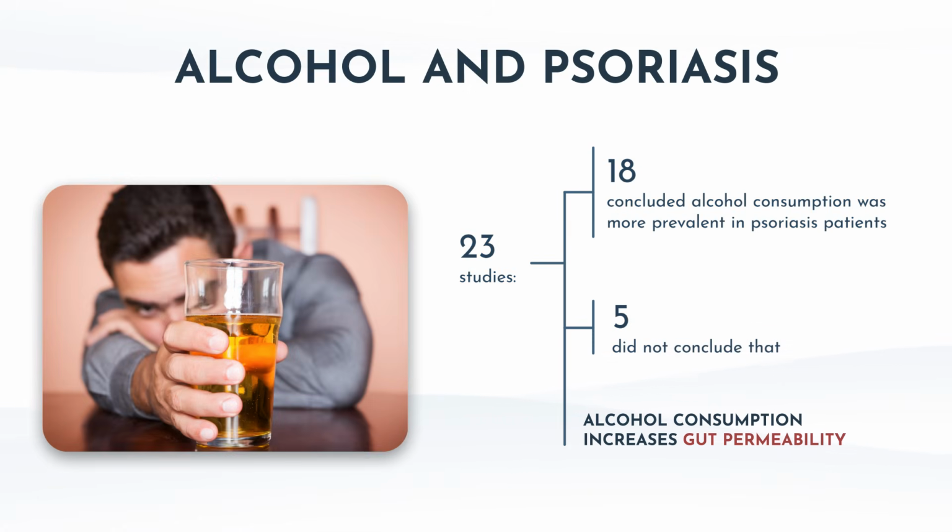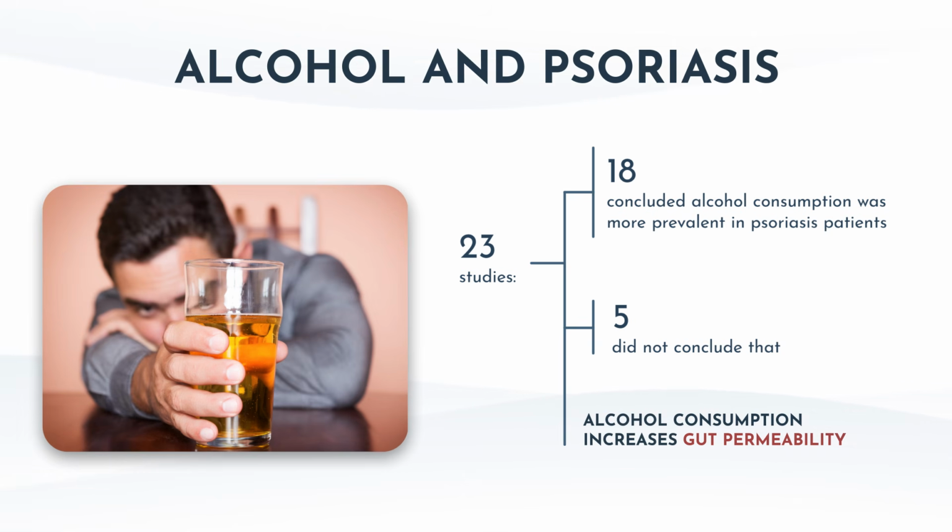There was a study done, a meta-analysis looking at 23 studies. 18 of them concluded that alcohol consumption was more prevalent in psoriasis patients, but 5 did not conclude that. I would say some of my psoriasis patients do have a history of onset during college when there was a lot of drinking going on. Alcohol, again, is going to be a problem because it increases gut permeability.